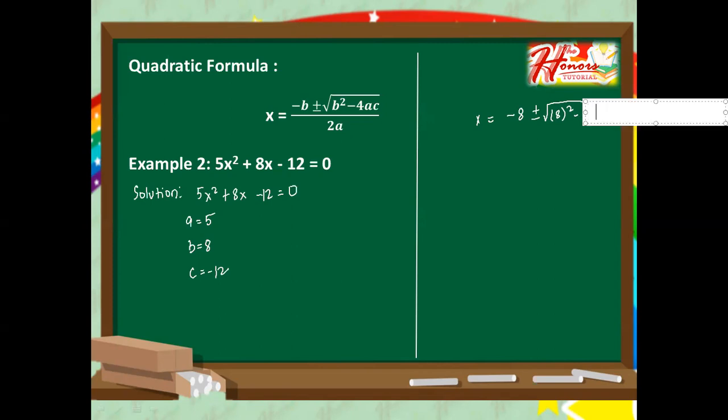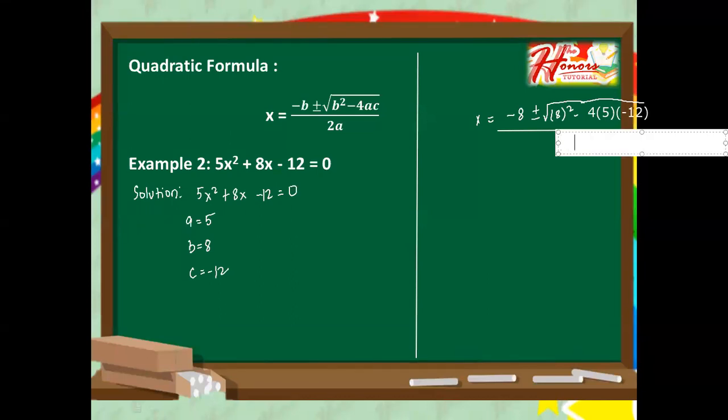So that is 4 times a, that's 5, times c, so that's negative 12. And then don't forget over 2a. So we have here 2 times the value of a, that's 5. Let's continue solving.